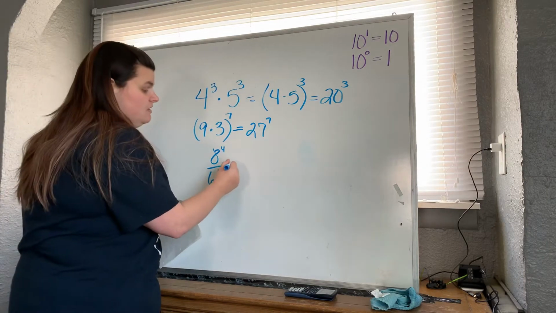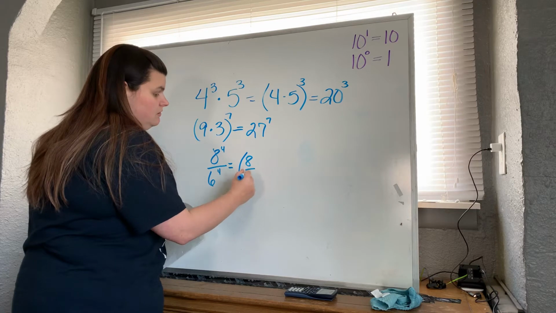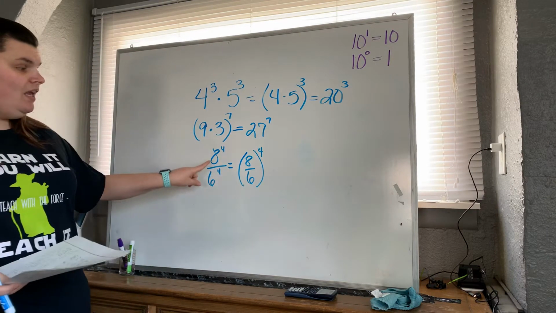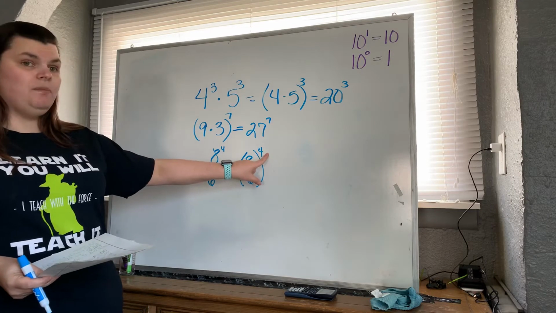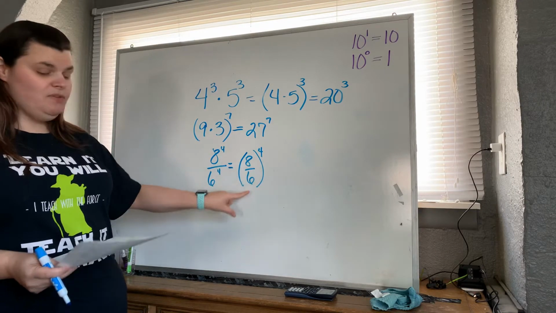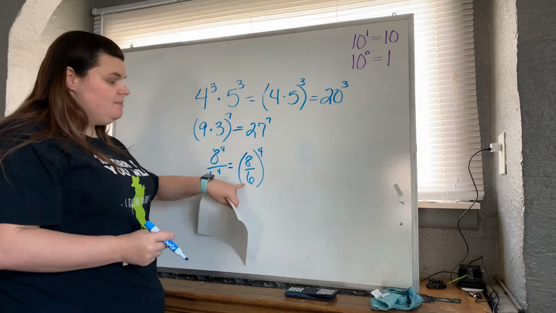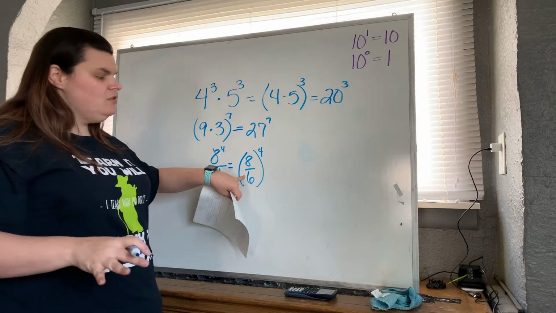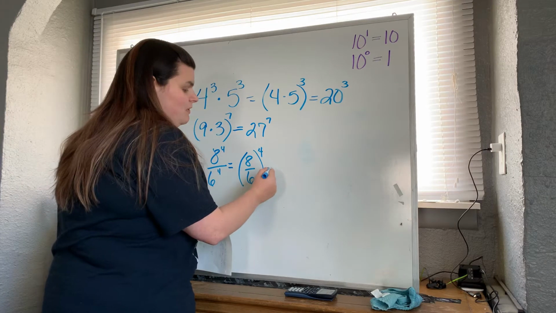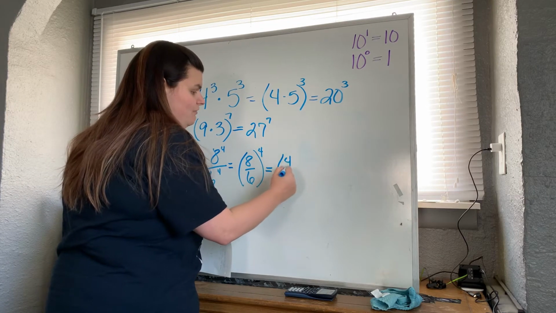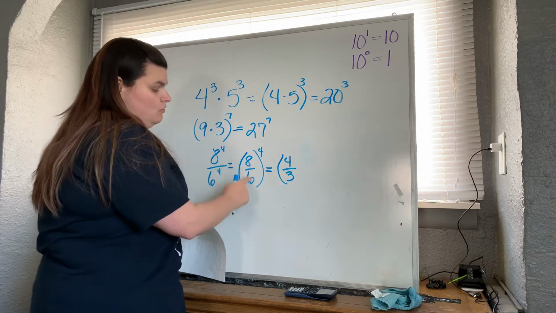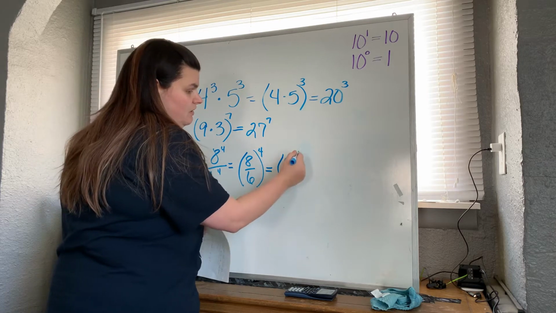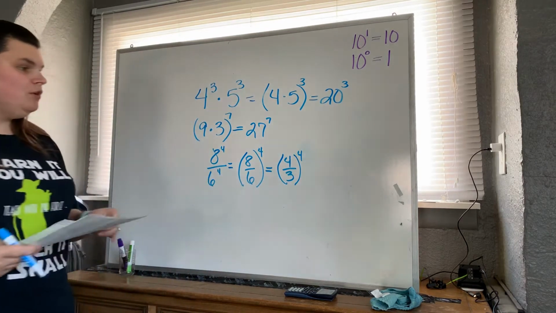So this looks something like that. 8 over 6 to the 4th power. Now I can simplify everything inside these parentheses, and this right here, it doesn't divide evenly, so I'm not going to turn it into a decimal. I'm just going to simplify it into a simplified fraction. 2 goes into both of these. 8 divided by 2 is 4, 6 divided by 2 is 3, and then I still bring it to the 4th power.